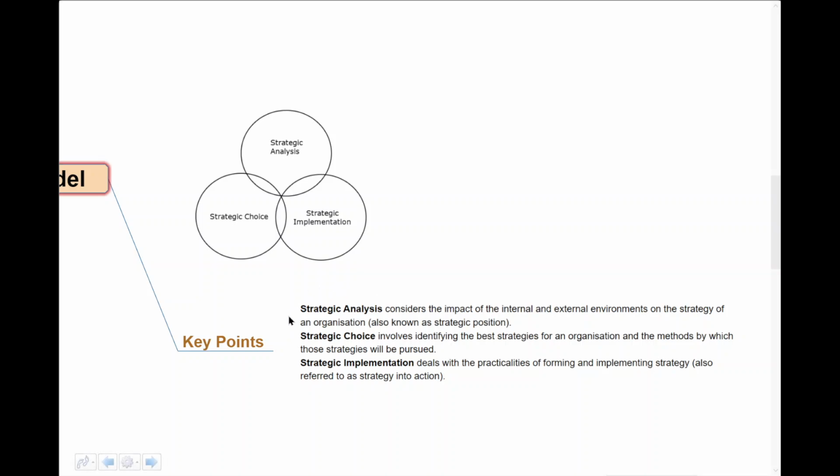So this first area, for this company who've just started up and are looking to come up with some sort of strategic plan for the next 3 to 5 years, involves analyzing themselves internally and analyzing the external environment. So really, in effect, what we're talking about is trying to establish their strategic position. So there's the A in the ACI. Let's establish our position by analyzing the internal section and the external section.